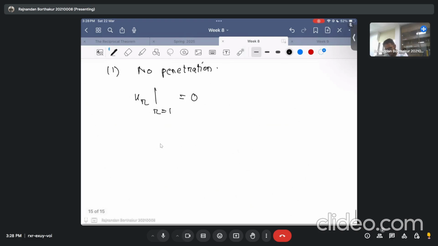Then I can write this UR in terms of the stream function as del psi by del eta, at R equals 1, this is 0. That just comes from the relationship between the R component of velocity and the stream function.